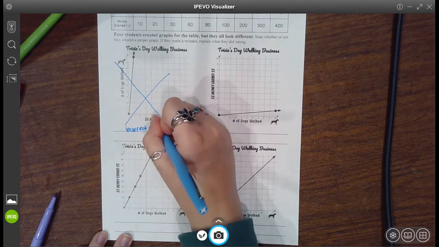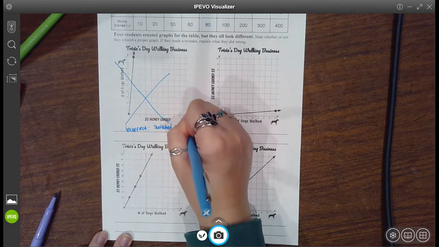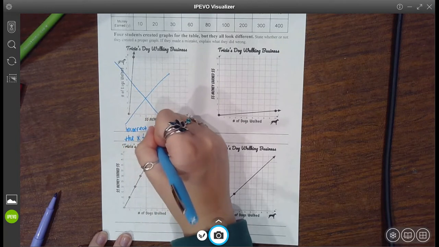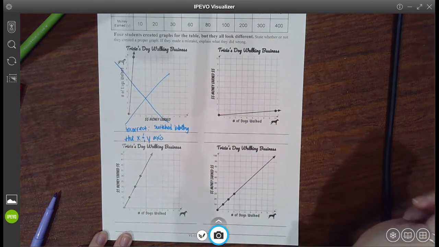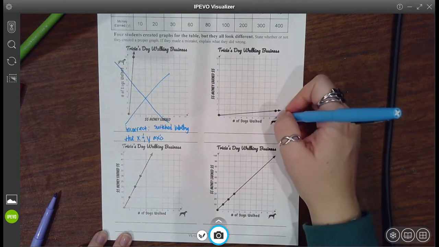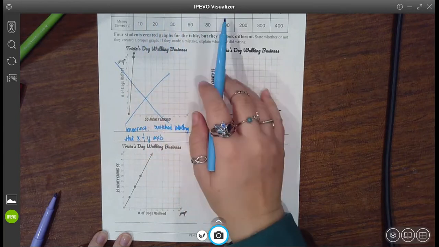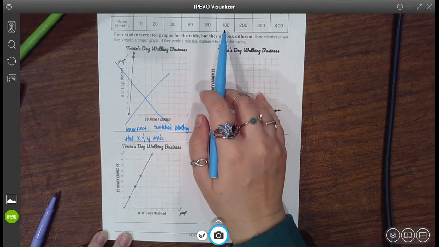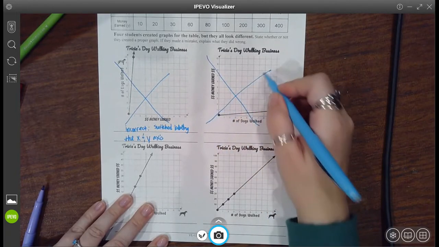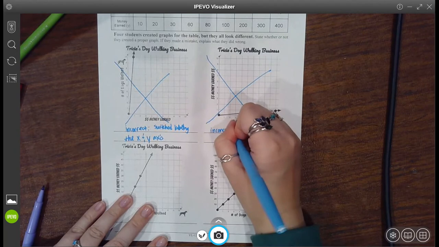So this is the only easy one that I can cross off right off the bat, because they switched the labeling of the X and Y axis. Okay, the next one went over 10 up 1. No. Incorrect.